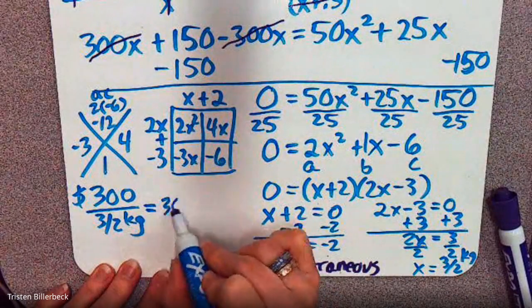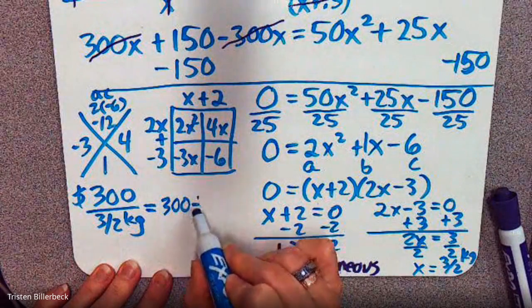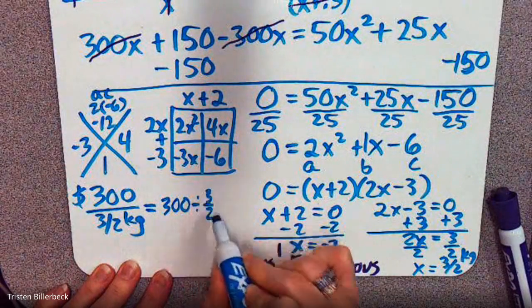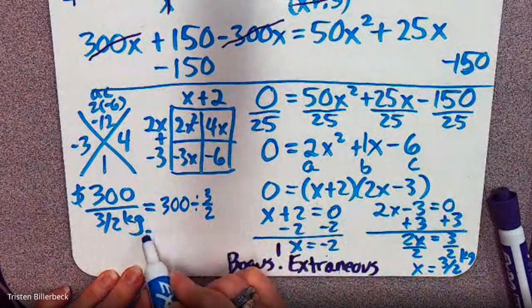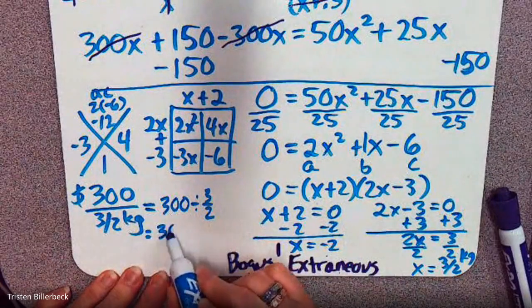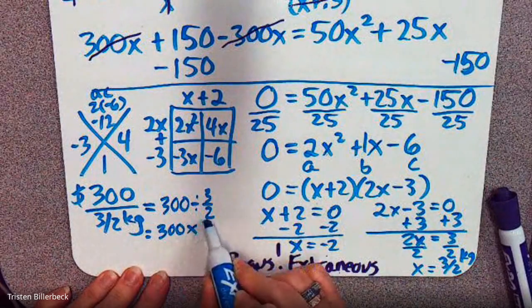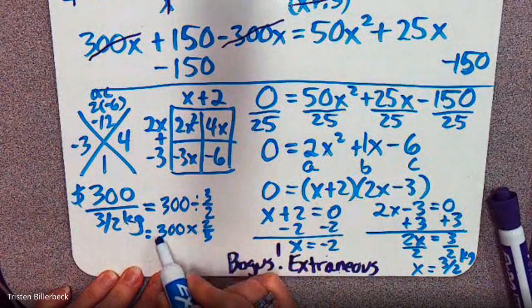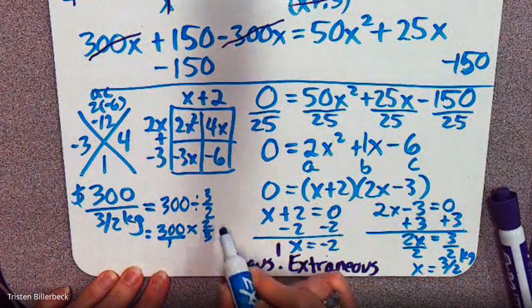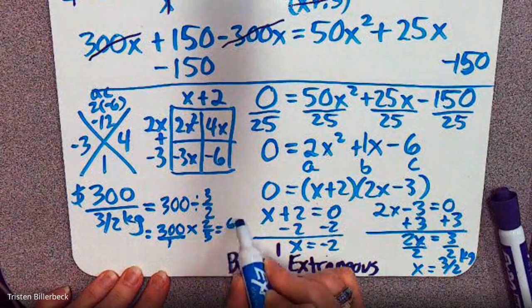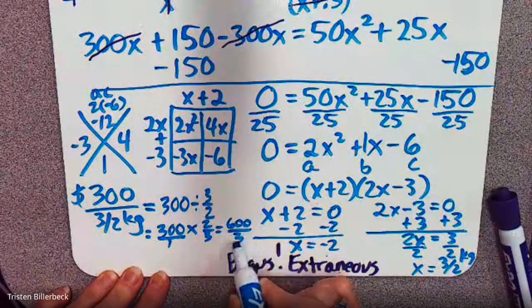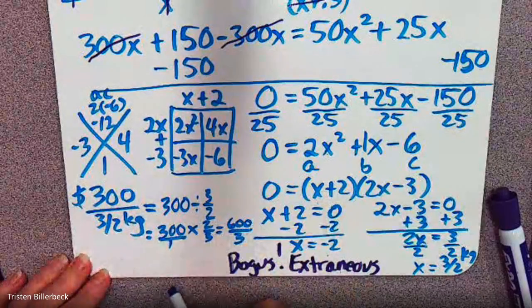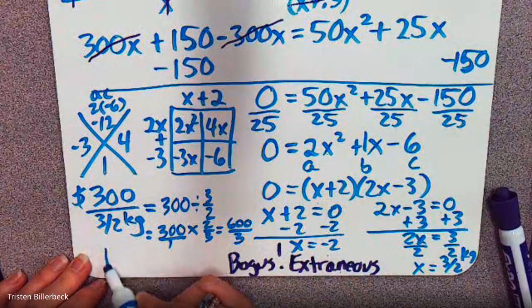So this is 300 divided by 3 halves. Okay, so we're going to keep, change, flip. So 300 times, we're going to change here. That would give us 600 over 3. And then we know 600 over 3 is 200.